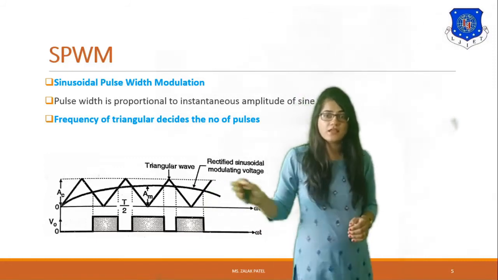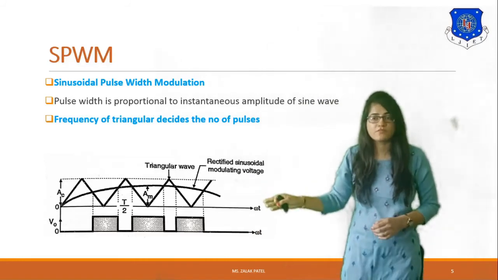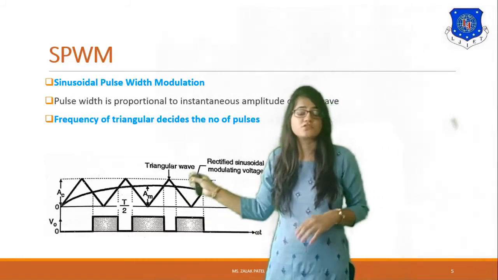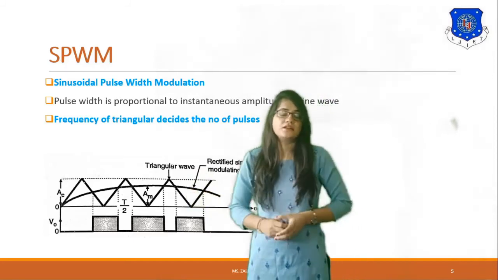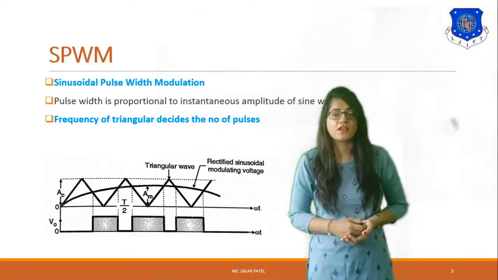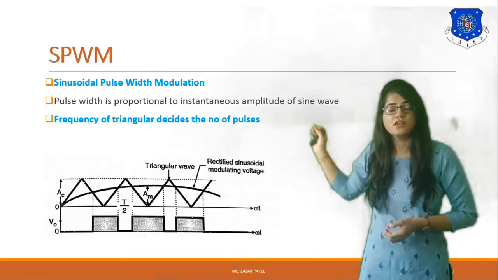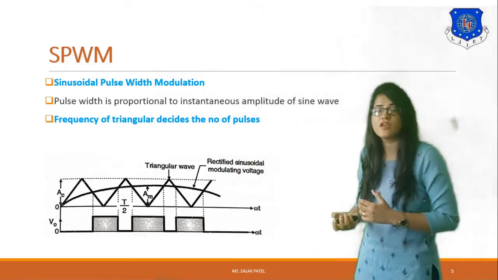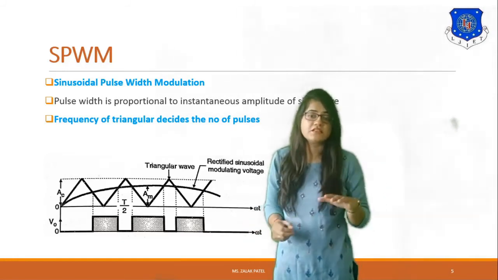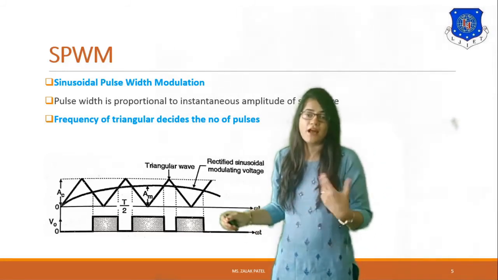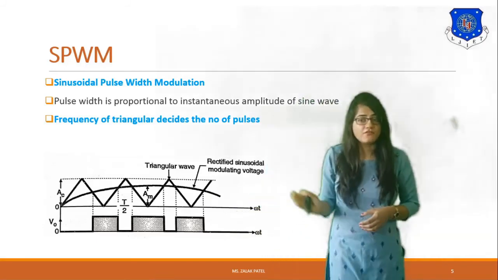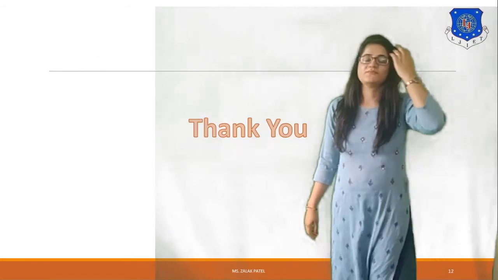You can see that there are three pulses present because there are three triangular waves. So the number of pulses is calculated from the triangular wave, means the triangular wave decides the number of pulses passing through the system, while the output frequency is decided by the sine wave, means the reference signal.